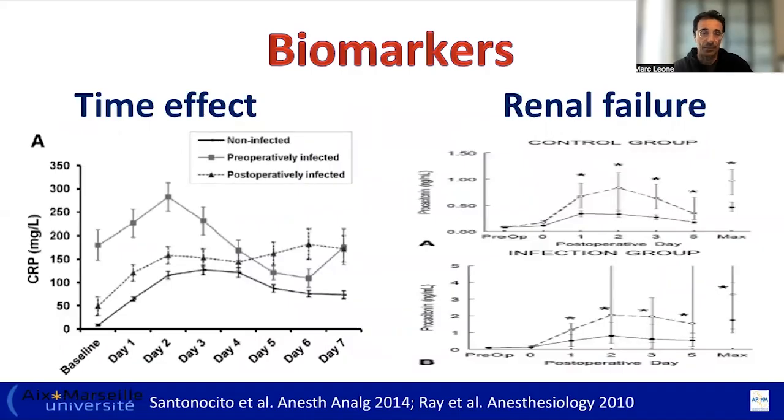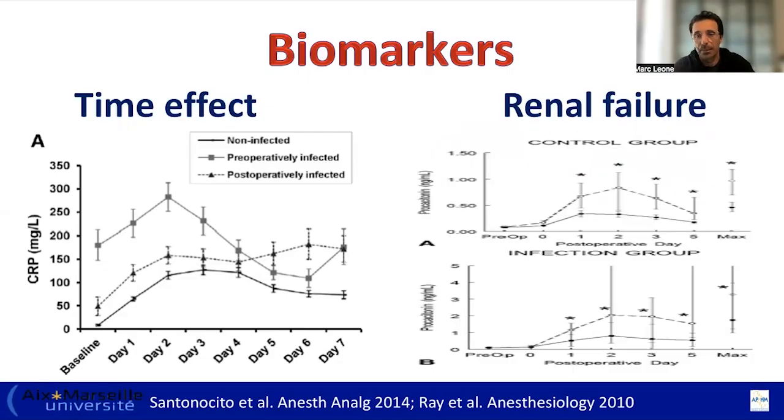Indeed, there is a time effect. If a patient has any aggression like a surgical intervention, there is a change in the level of biomarkers like CRP, as you can see on the left of the screen. And there is an effect of organ failure, which is frequent in patients with sepsis in ICU. If there is a renal failure, for example, the PCT levels are going to be changed.